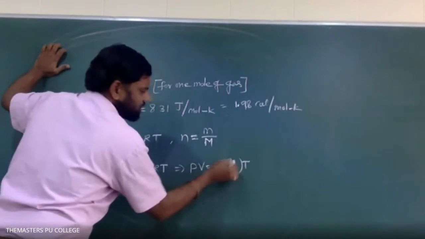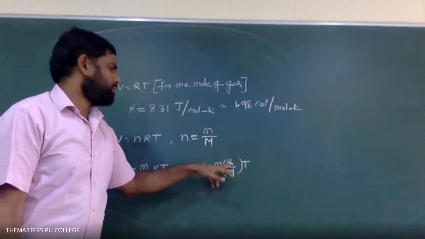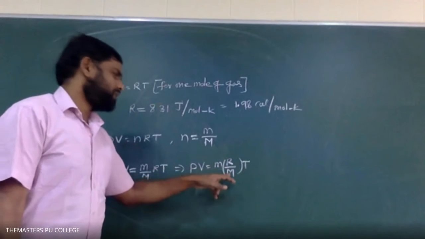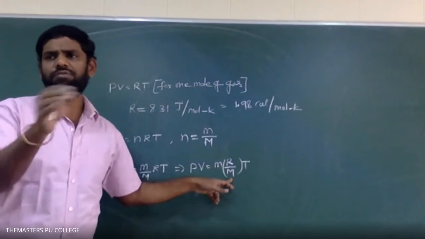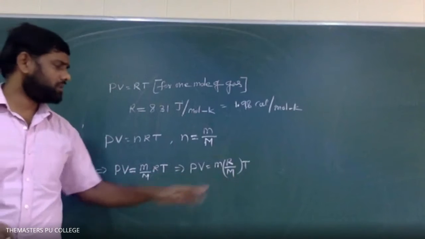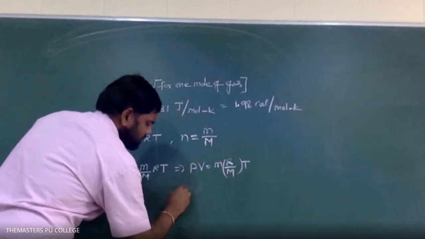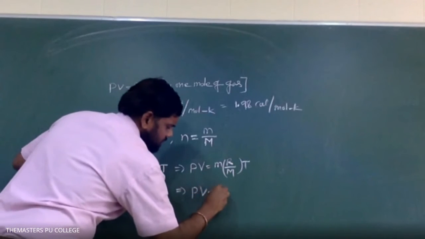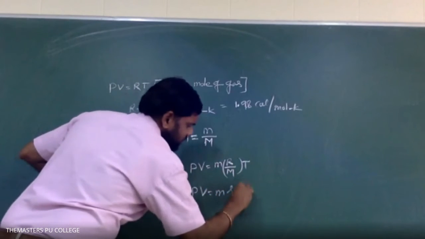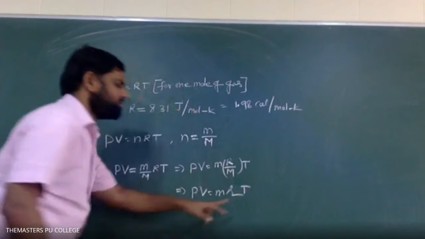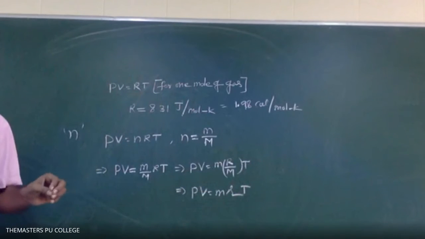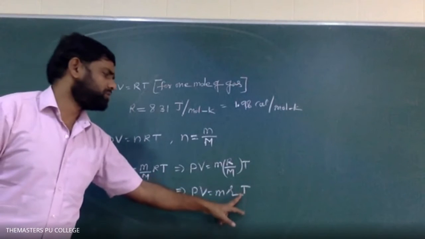What does this capital R by M stand for? Capital R value is constant, and capital M value is constant for different gases. For hydrogen it is constant, for oxygen it is constant, like that. So this R by M we can call small r, so PV equals mrT. What does this small r mean? Specific gas constant. For that specific gas, the r value is constant.